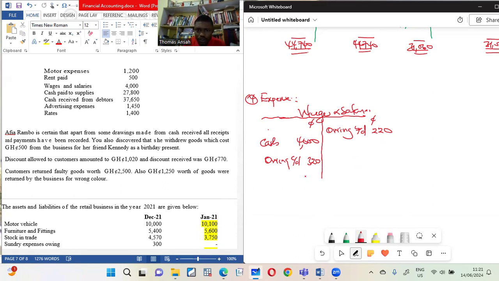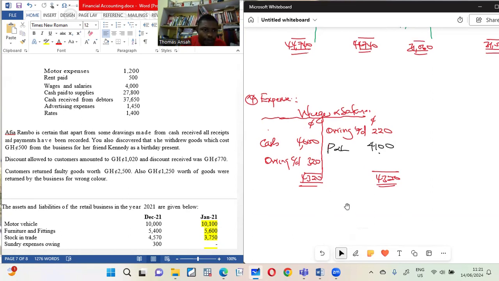So now, if we close this thing up, it means that I have 4,320, telling me that what should go to my P&L, let me change the ink. What should go to my P&L will be the difference, which is 4,100, right? So this one is the value that should go to my P&L, all right? So take note of that.